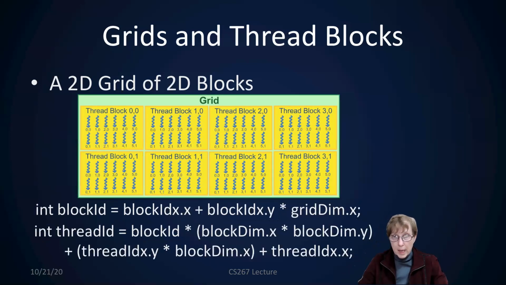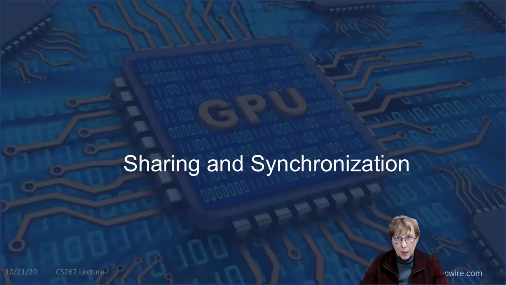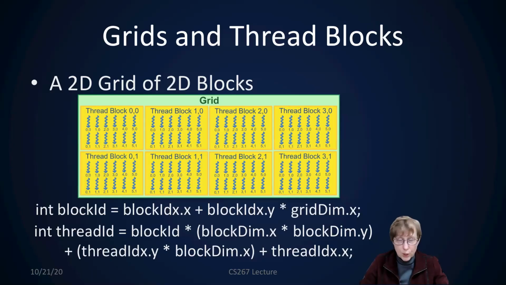And you can have a 2D grid of 2D blocks, then you're using Ys in both the grid dimension and the block dimension. And you can actually go up to 3 dimensions.